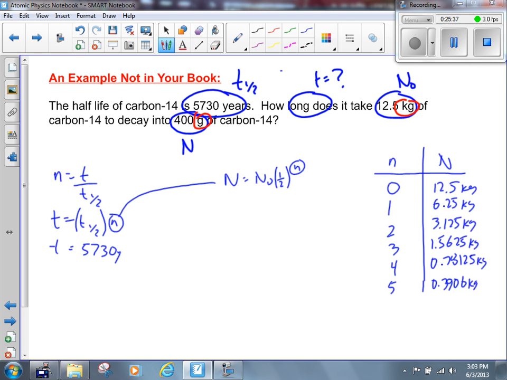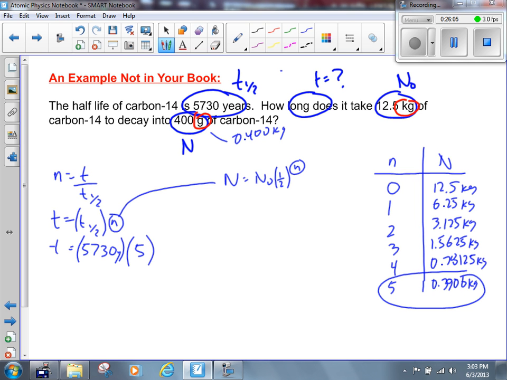Now, 400 grams is 0.400 kilograms. That's not exact here. Okay, we've gotten down to 0.39 kilograms, but it's real close. In other words, how many half-lives have gone by while it decayed from 12.5 kilograms to 400 grams? Almost exactly 5 half-lives.